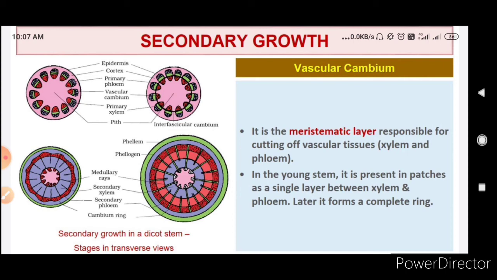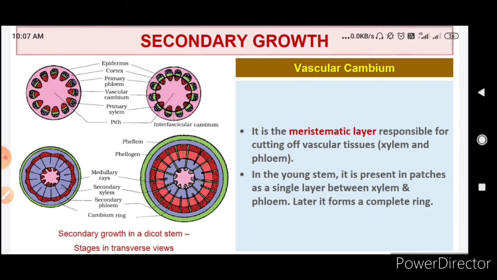After formation of that cambial ring, the activity of cambium was noticed, and that activity of cambium was more towards the inner side and less towards the outer side. So in conjoint vascular bundles, we saw that in the stem the phloem was on the outer side and xylem was on the inner side.